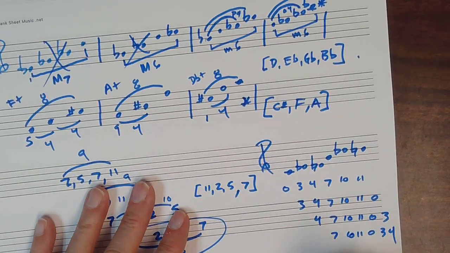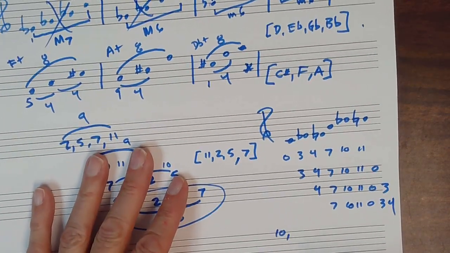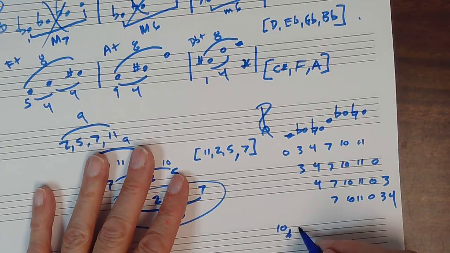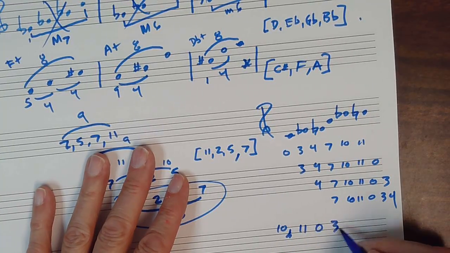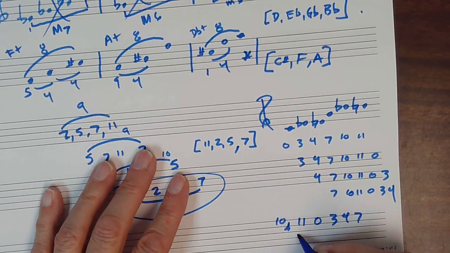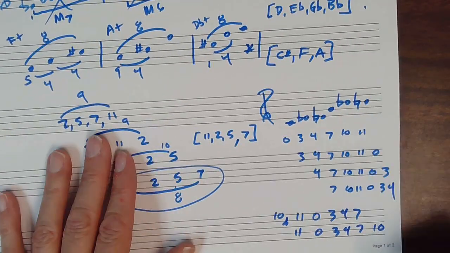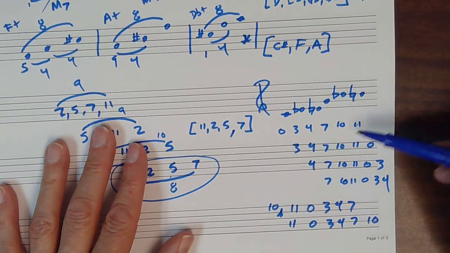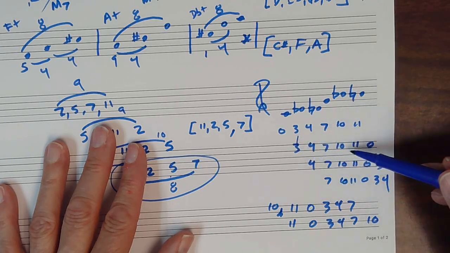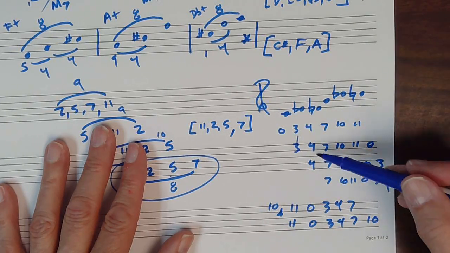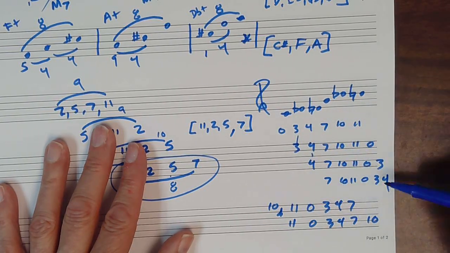We have 10, 11, 0, 3, 4, 7, and 11, 0, 3, 4, 7, 10. I ran out of space, but you see how you write the first one, and then you start here, and you bring this number to the end. You start here, you bring that number to the end.